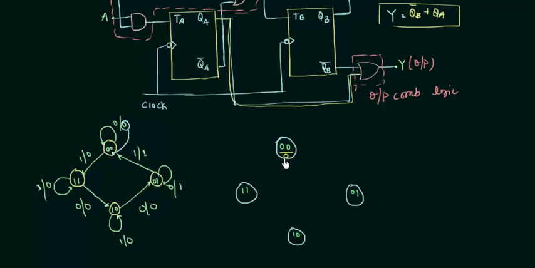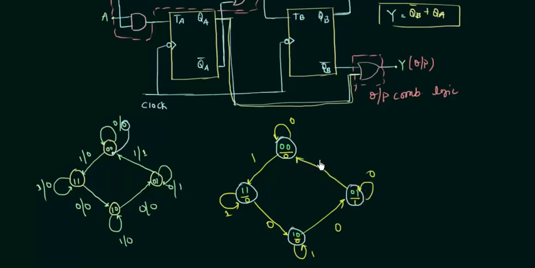So 0 is my output, you can see 0 is the output, and the rest of the things will be the same. The inputs 0 and 1, and finally 1. This is my input, this 0 here is my output.